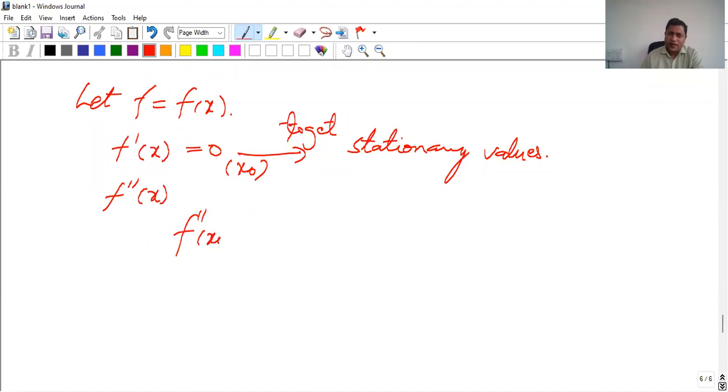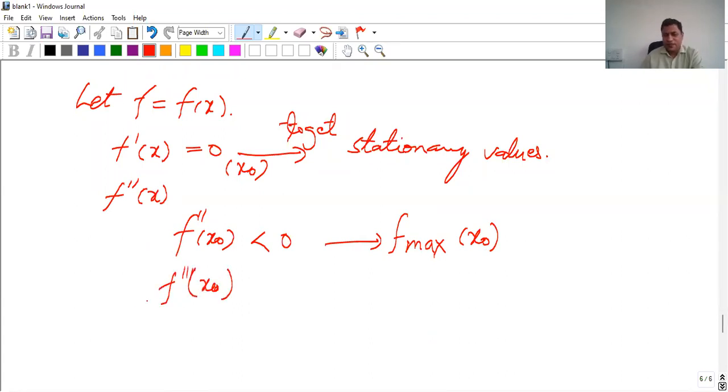Suppose f double dash at x0 is negative, then the function has maxima at x0. If the double derivative of f at x0 is greater than 0, then the function has minima at x0.